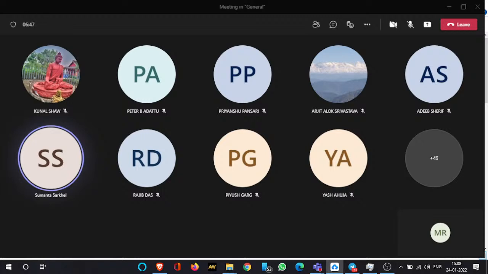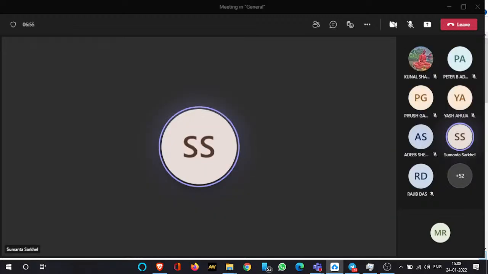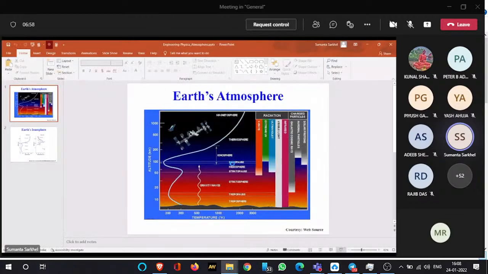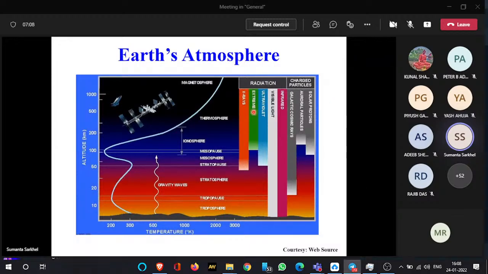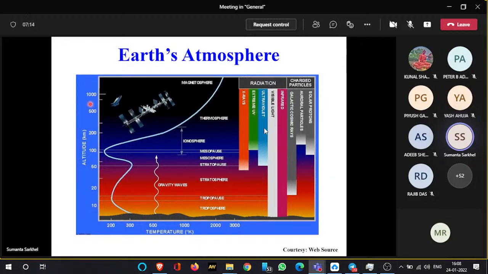I'll share one slide. And it is very important, but at the same time, extremely knowledgeable if you have anything related to this. All right, if you can see that, this is a slide of the whole atmosphere. In the vertical axis, we have plotted altitude.